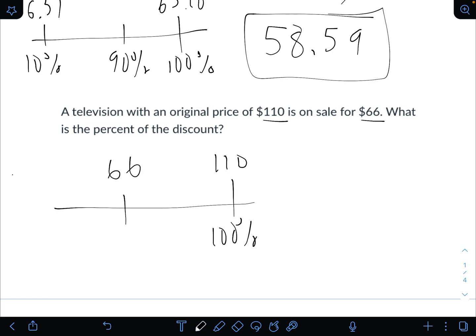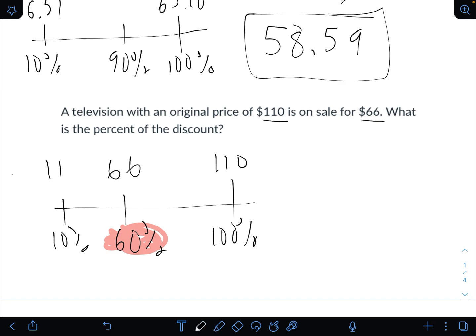Now, you can work on reasoning through this, okay? Like, maybe you could say, wait a second, 10% is 11, so 60% is 66. So, but here's the thing, this is what you pay, you paid 60%.